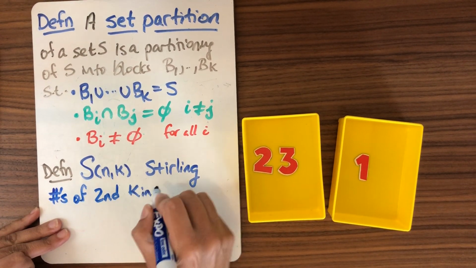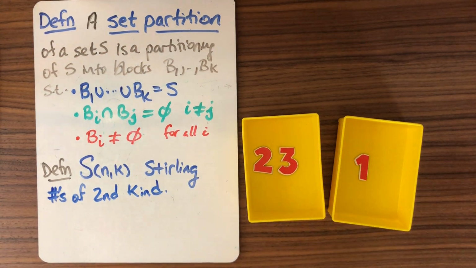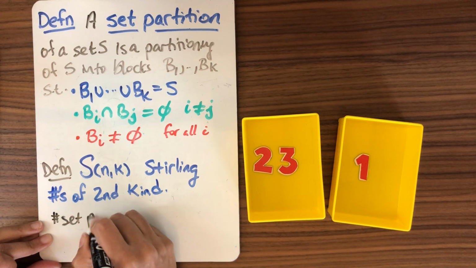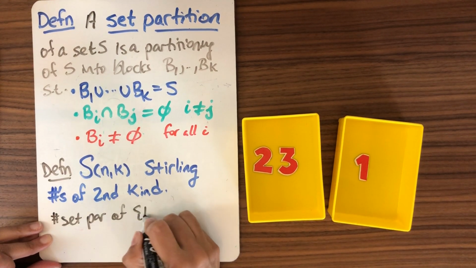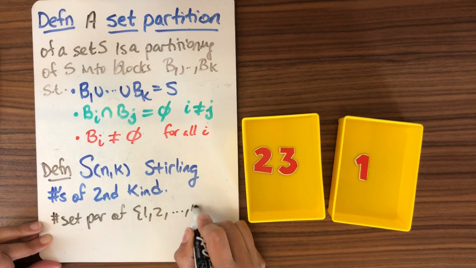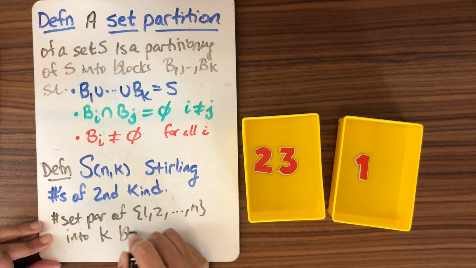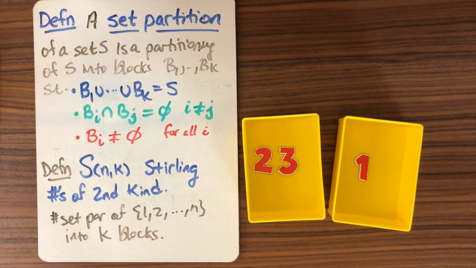No, you didn't miss the first kind. We haven't done them yet. This is the number of set partitions of 1 up to n into k blocks. So again, those blocks are non-empty.